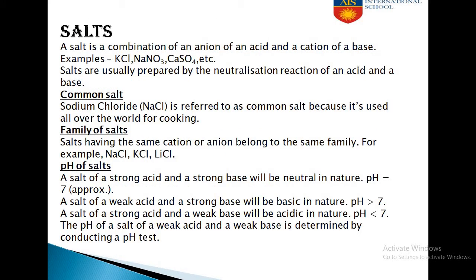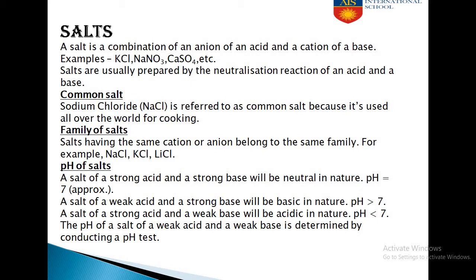Clear? Now we will read about salt. What is salt? As we have seen, salt is a combination of an anion of an acid and a cation of a base. Let's take an example, NaCl: Na plus and Cl minus.